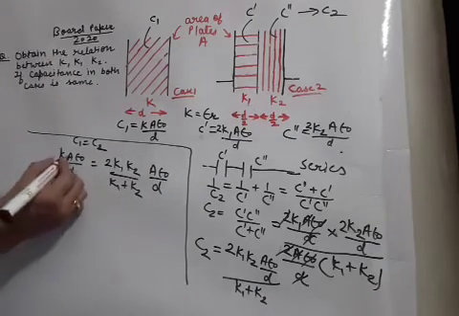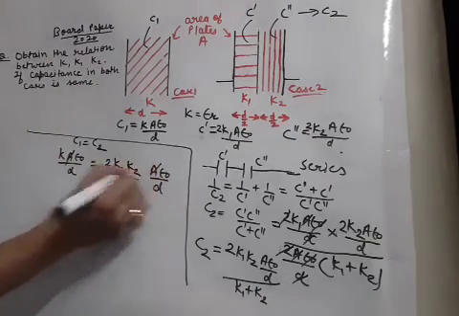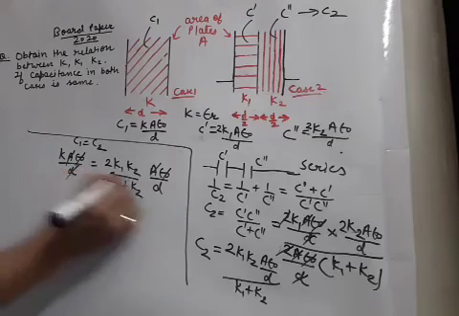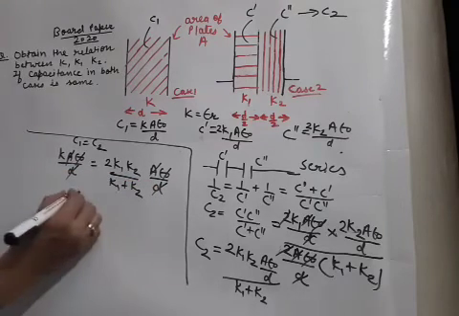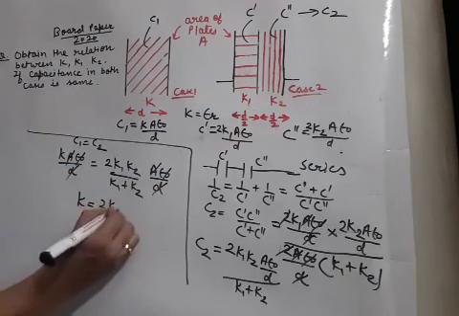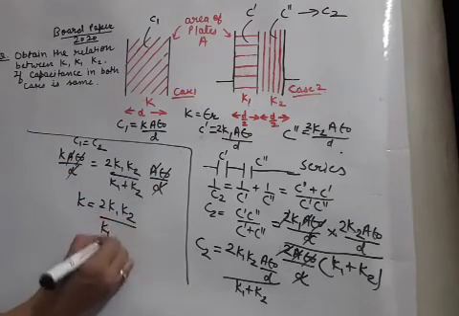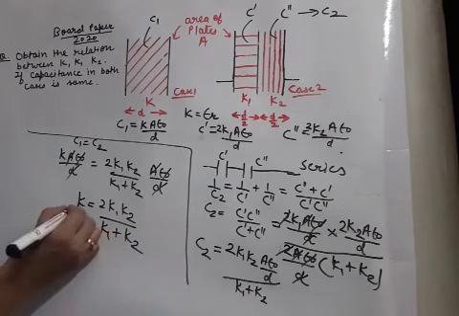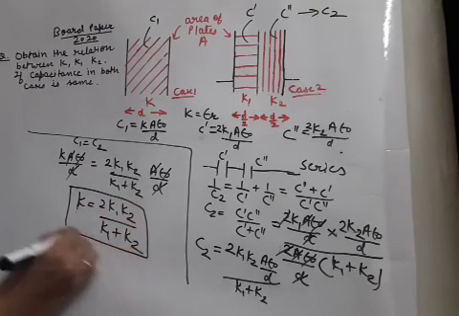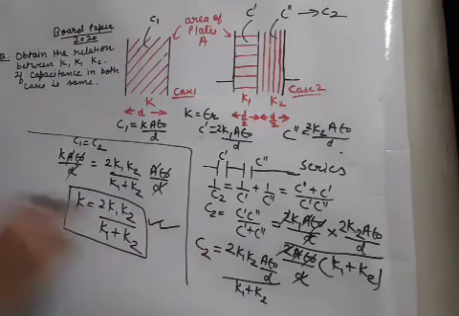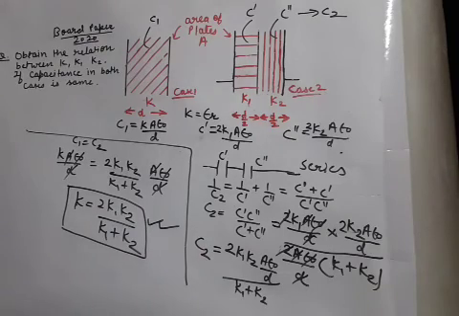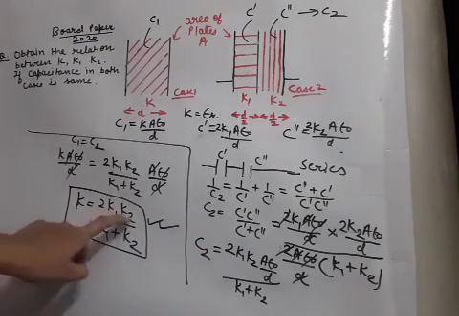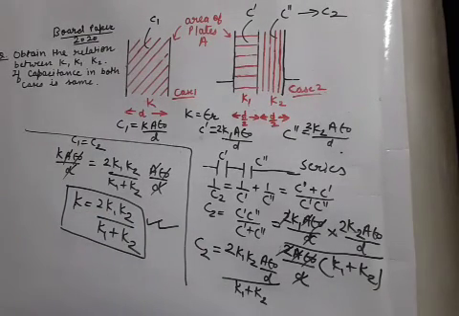Finally, A cancels, epsilon 0 cancels, D cancels. So our final answer is obtained here. This is the required answer. We have got the relation among K, K1 and K2. So this way we solve the question.